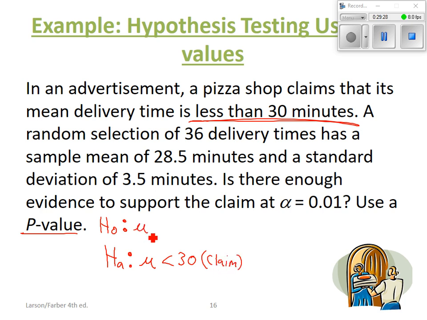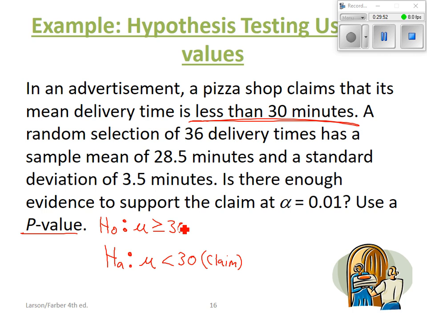What's our HO then, our null hypothesis? It's the other way around. If this is less than, then this has to be greater than or equal to the 30. There you go. So you have to write those every time. The calculator can't do this stuff for you. You have to write the null and alternative hypothesis.